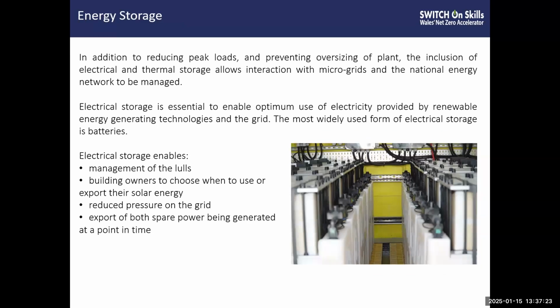In addition to reducing peak loads and preventing oversizing of the plant or the home, the inclusion of electrical and thermal storage allows interaction with microgrids as well as the wider national energy network. It gives greater control basically of where and when to use that energy.